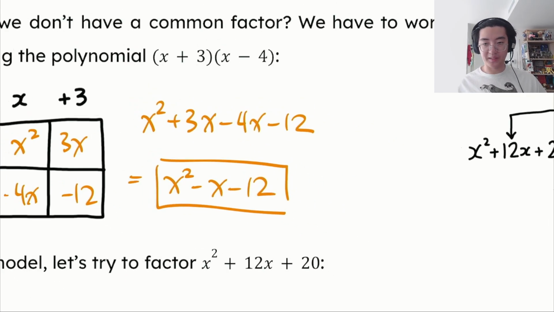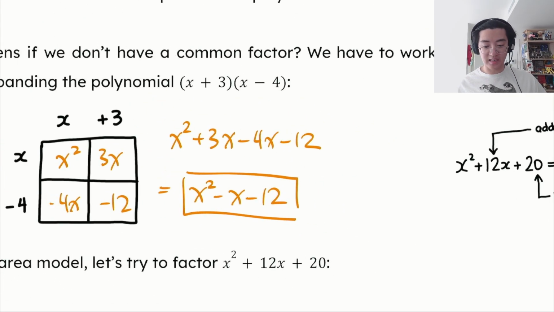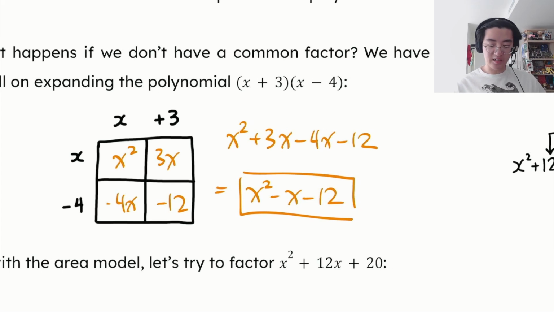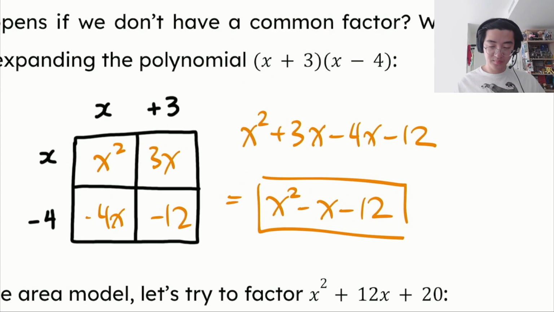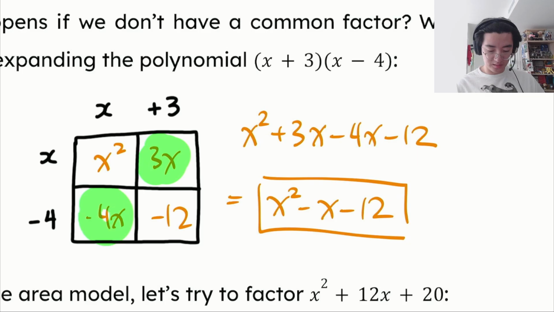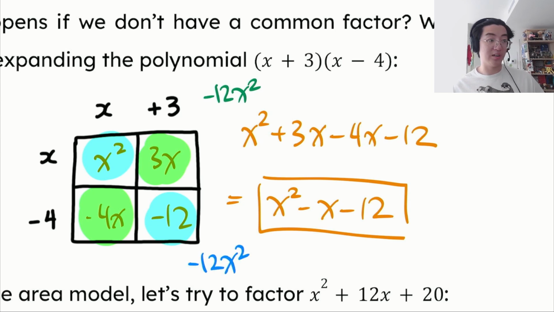And we notice something here. This is the pattern we noticed last time. In an area model, we know that those two terms multiplied diagonally will be the same as those two terms multiplied diagonally. That's one of the properties of the area model. This always has to be the case in order for it to factor nicely.